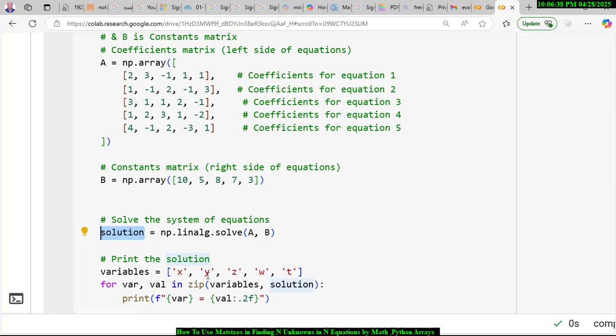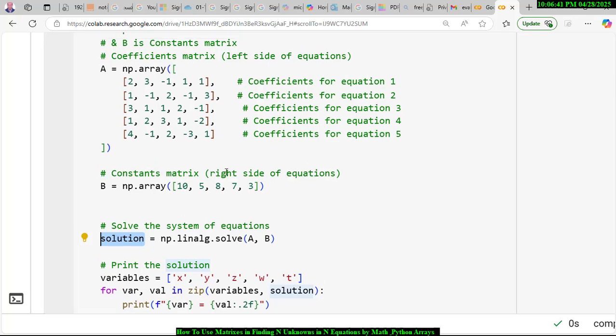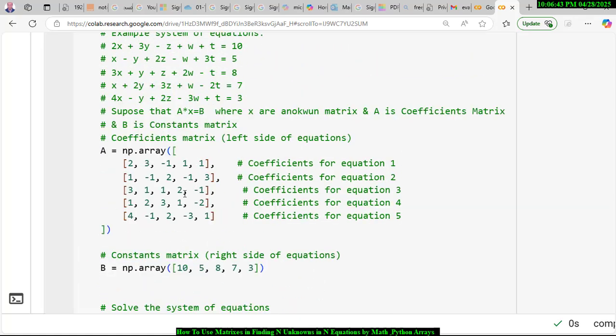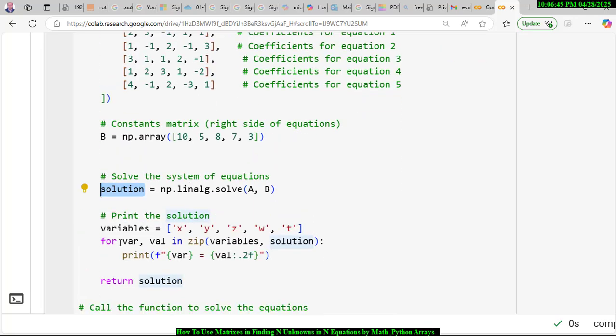So the variables x, y, z, w, t are the unknowns. We will design a for loop with two counters, variable and value, in zip of variables and solution. So where are the variables? In this array, and the solution is another array.